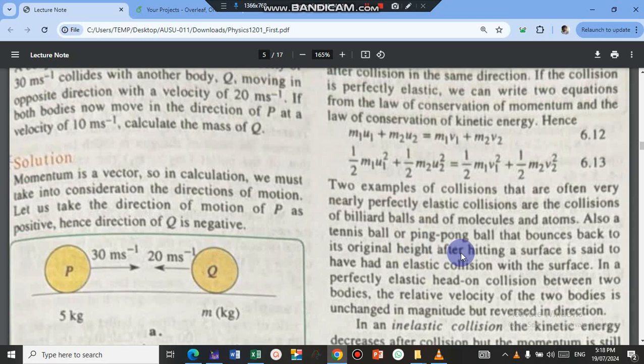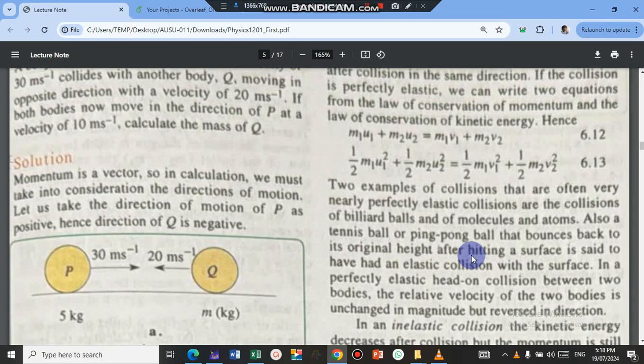Also, a tennis ball or ping pong ball that bounces back to its original height. If it bounces back to its original height, it is an indication that its kinetic energy is not lost.